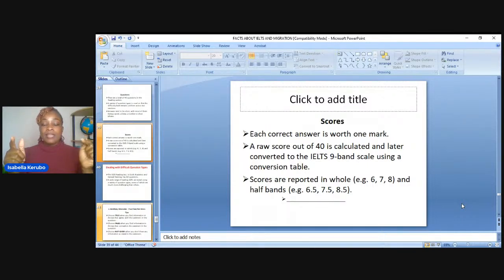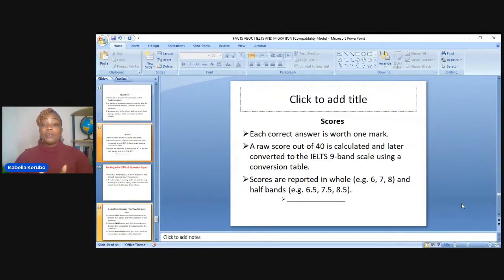And one thing that you need to understand, the scores are reported in either whole numbers or half. It can either be a 6, a 7, an 8, a 9, or it could be a 6.5, 7.5, 8.5.